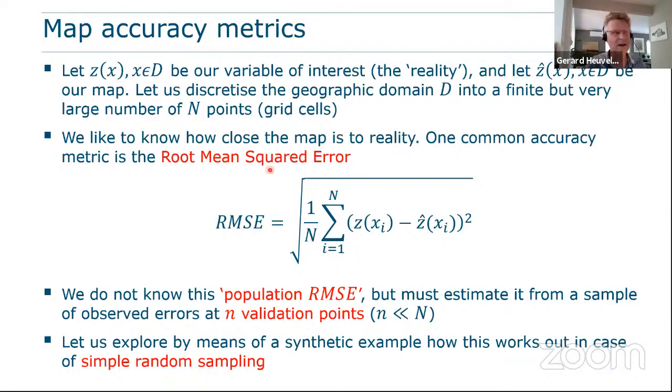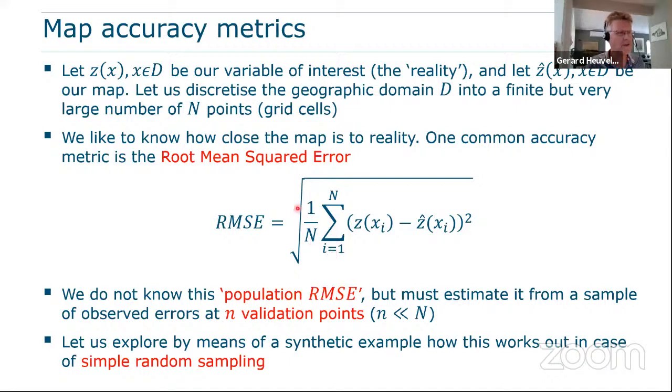I think you're all quite familiar with this. This is what I call the population root mean squared error, because it really visits all grid cells, all locations in the study area. So this is what we want to know, but this is usually what we don't have.